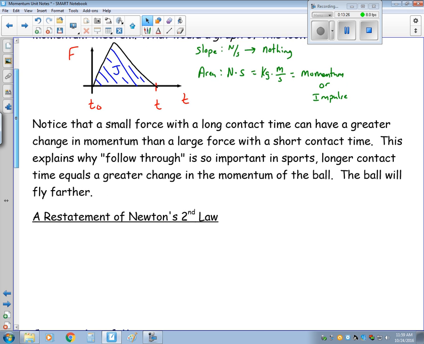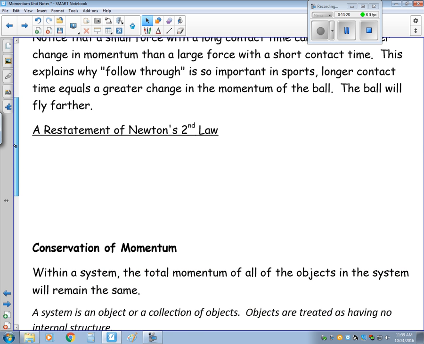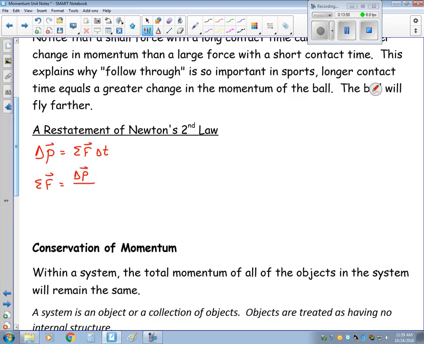Now we can also do a quick little restatement of Newton's second law. So the impulse momentum theorem says that the change in momentum equals a net force multiplied by a time interval. So if I do some quick rearranging here, I see that the net force equals the change in momentum with respect to time. Momentum is mass times velocity.